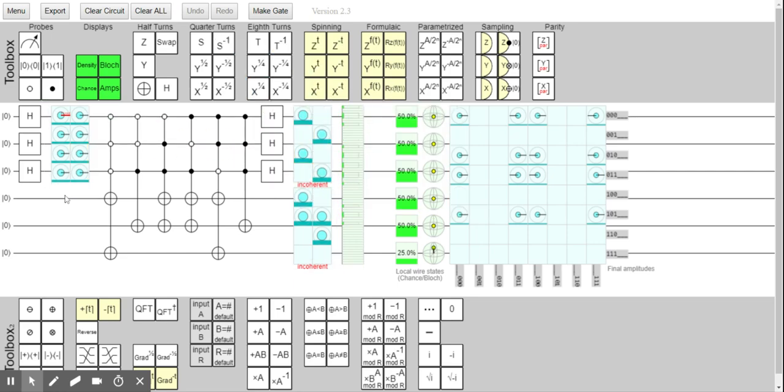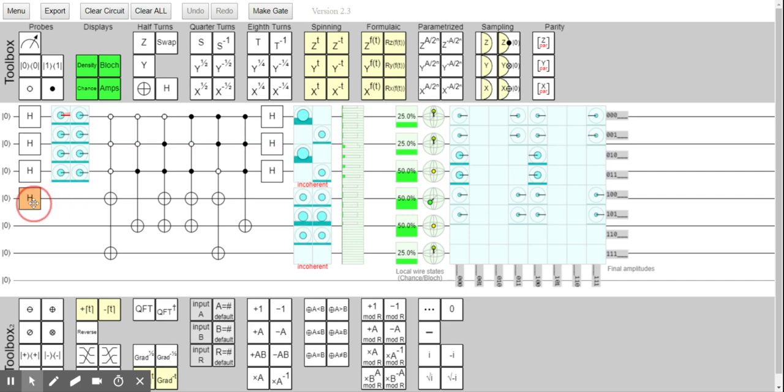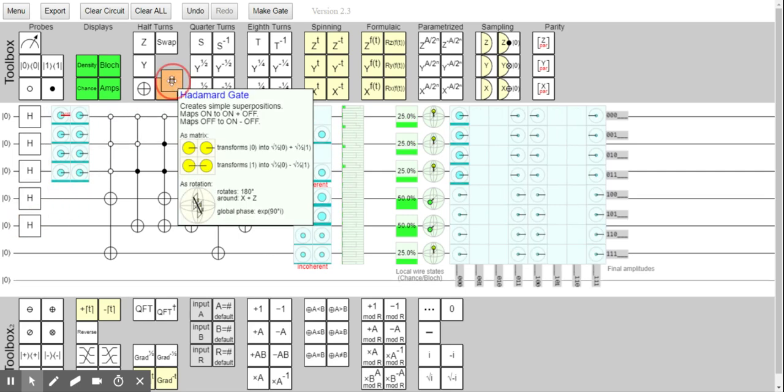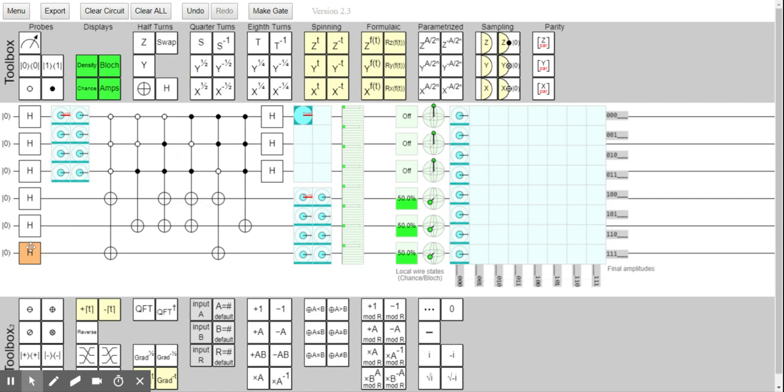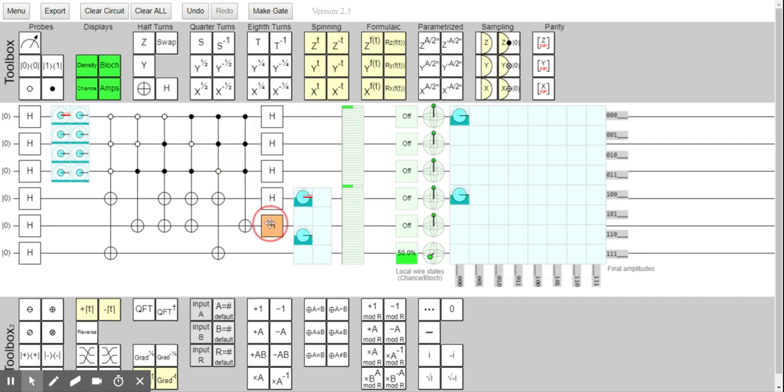Okay, so if I would now add Hadamards in here, what would happen really? Take that out, and then let's add also Hadamards in here.